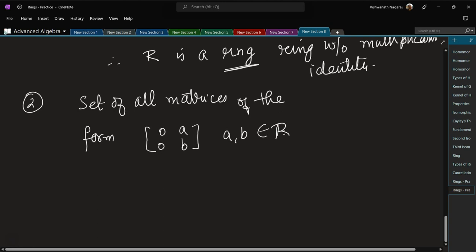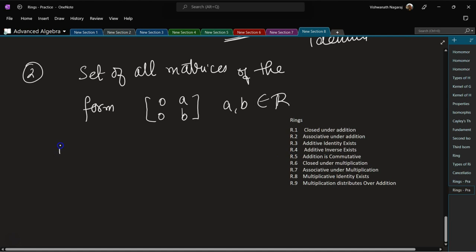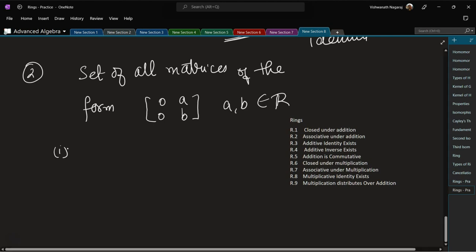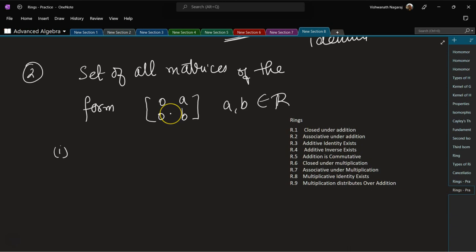Okay, again, we bring in the checklist. One, closed under addition. Because matrices is a prerequisite for this part of our mathematics journey, we can just say matrices are closed under addition.